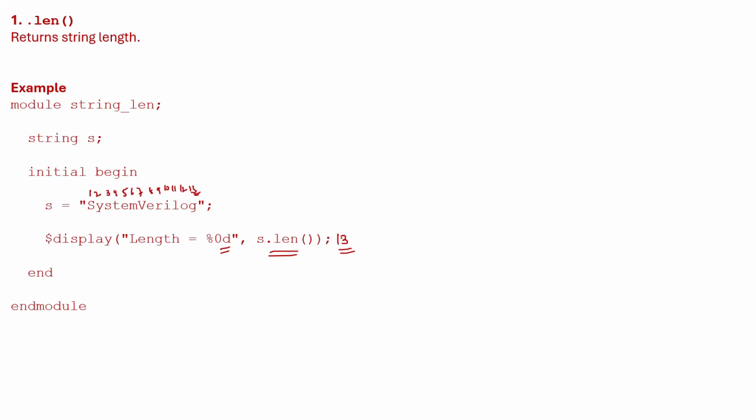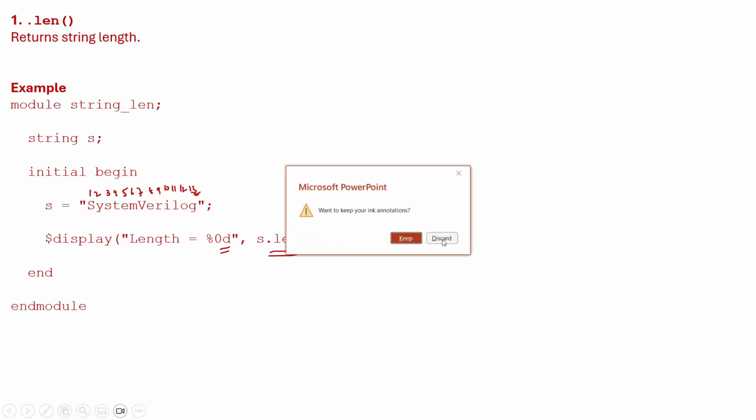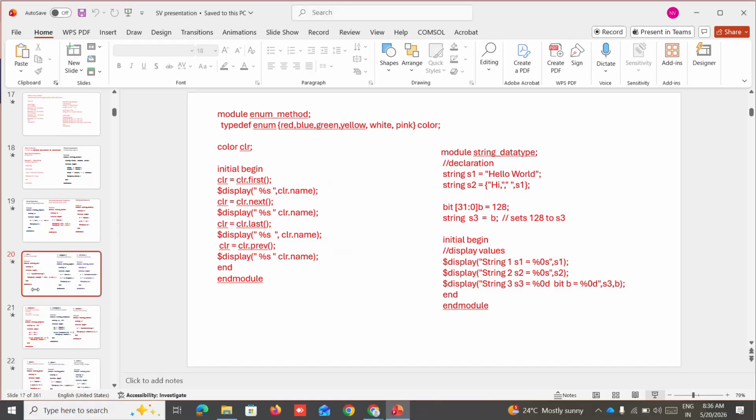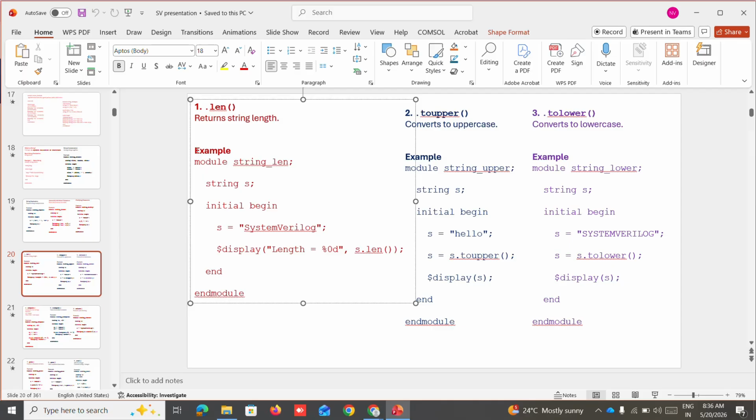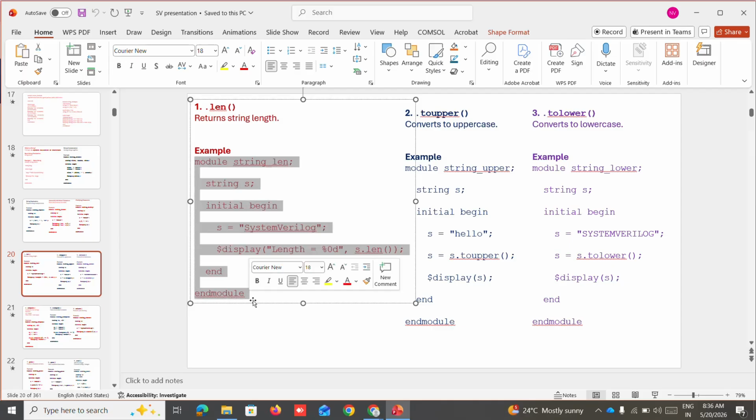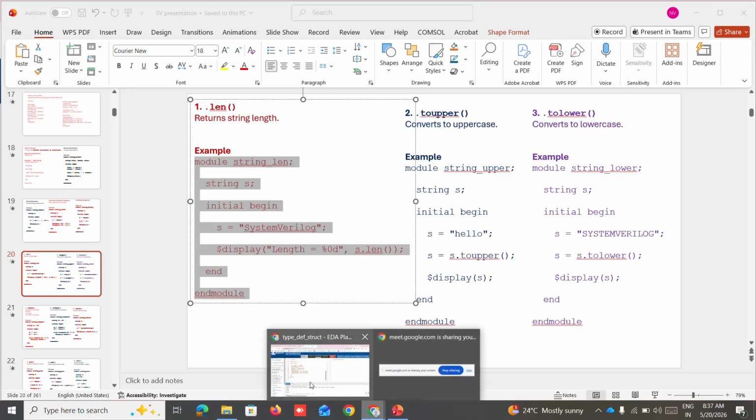If you want to execute this code, you can execute it. So just take this code. Where is the length code here? This length code you can take: module string length, a simple code, module name string. Initial begin, whatever message you want to print you can write.